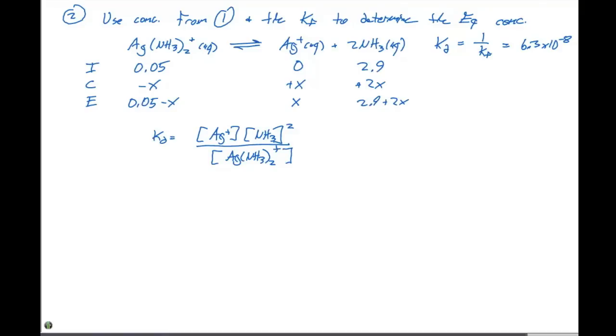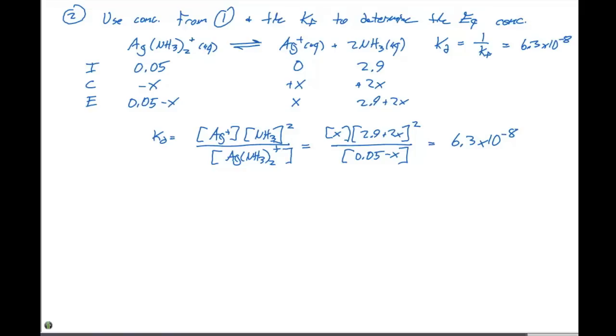If we plug in our values, it's going to be X for the equilibrium concentration of silver, 2.9 plus 2X for our concentration of the ammonia. We also need to square that quantity, divided by 0.05 minus X for our concentration of our complex ion. This is going to equal 6.3 times 10 to the minus 8th, which is our dissociation constant.